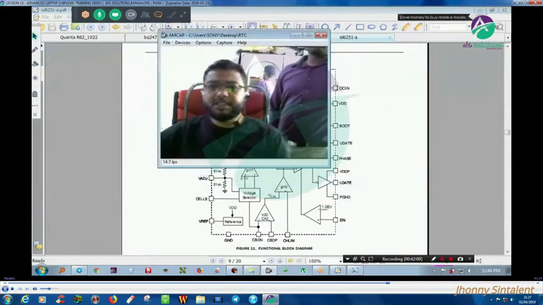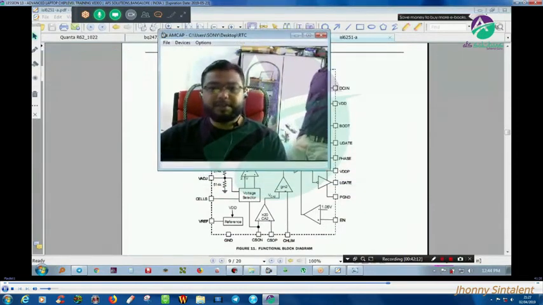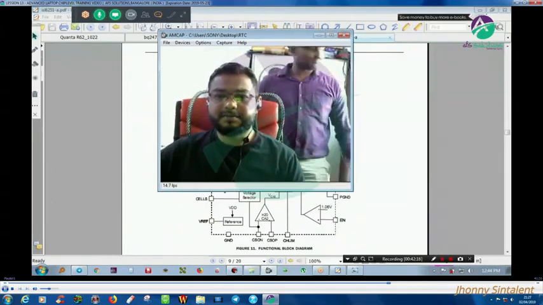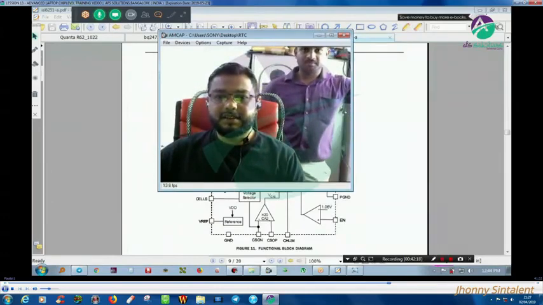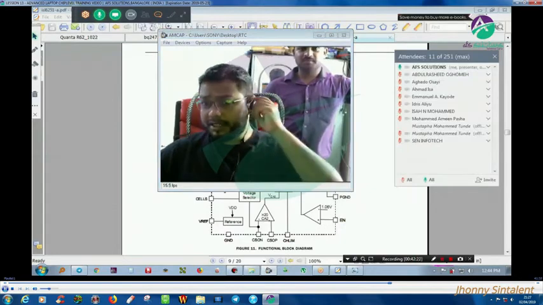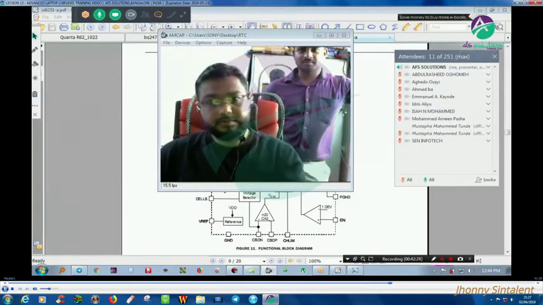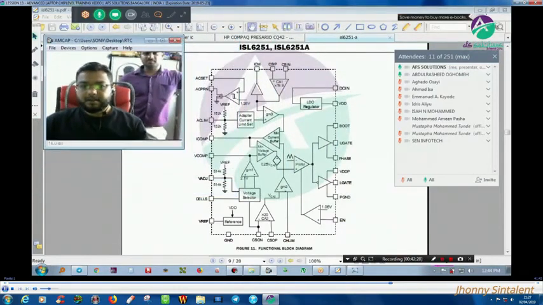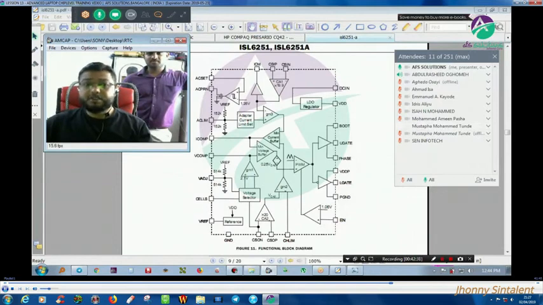I know the dosage is a little bit big. Hello gentlemen. Abdul Rashid. See, you can see the dosage of the charging IC.